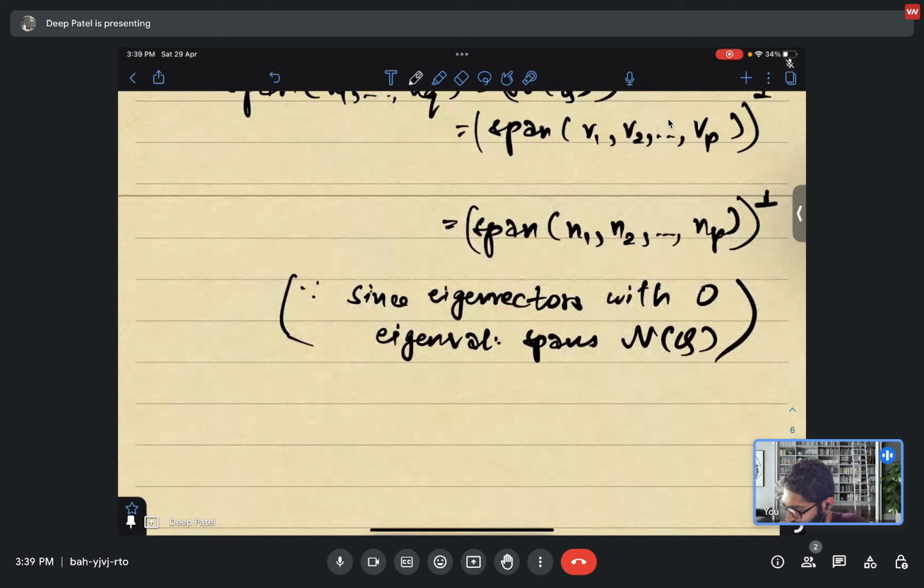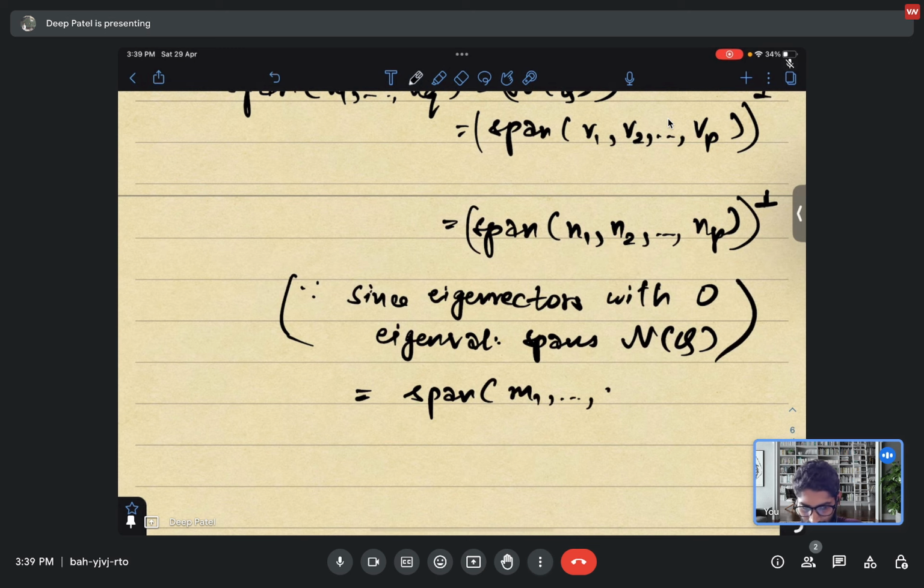So the orthogonal complement of the span of these eigenvectors with zero eigenvalue is nothing but the span of the remaining eigenvectors, which is m1 to mq.